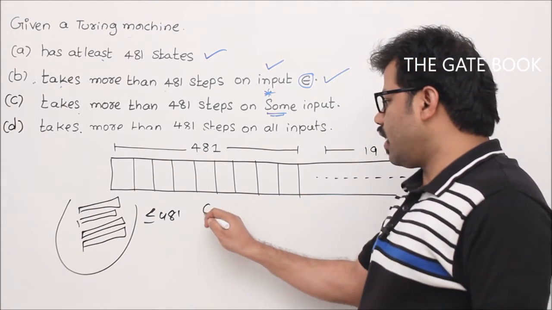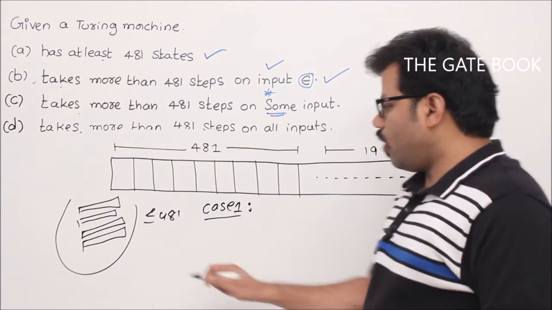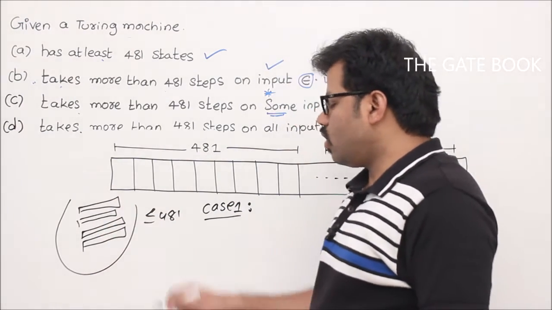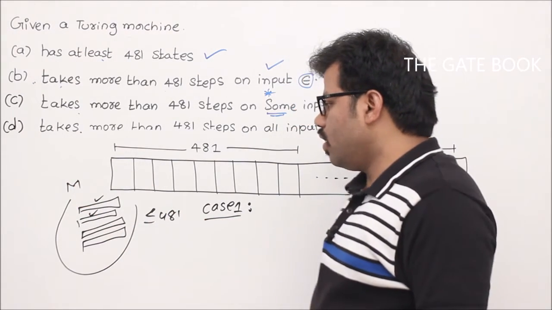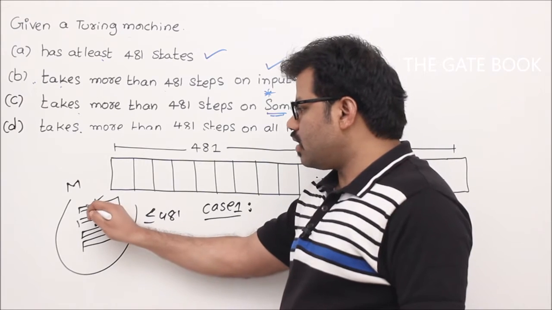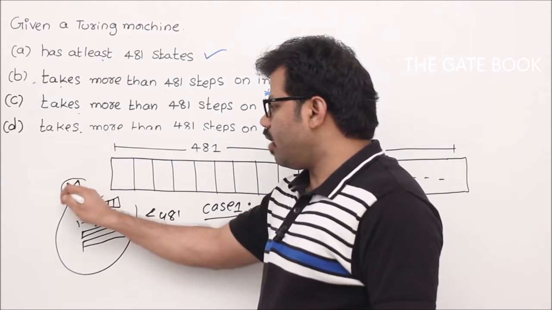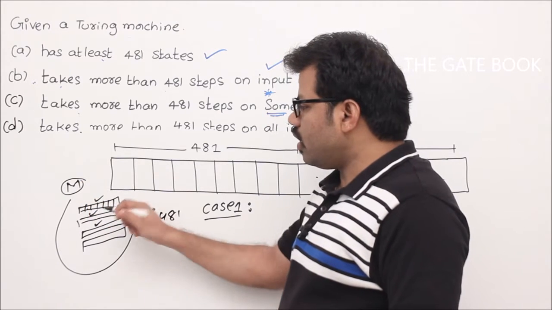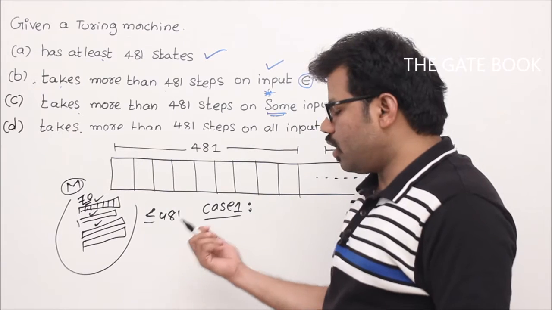First we start with case number 1. What is case number 1? I only process these strings, right? So I ran all the strings on the Turing machine M. Now, for example, let's say there is a small input string, and when I simulated M on it, within 70 steps it halted.